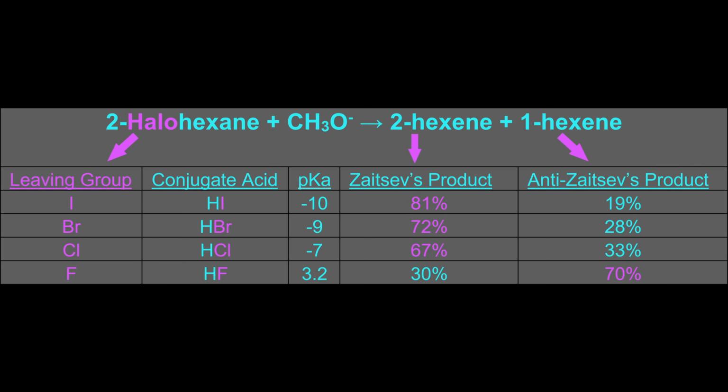So this is a table that shows different leaving groups in reactions that are otherwise exactly the same. It also shows the pKa of their conjugate acid, just because that's something that you can look up relatively easily in a table. You can see a trend here where when the leaving group is more basic, there's less of the Zaytsev's product and more of the anti-Zaytsev's product.